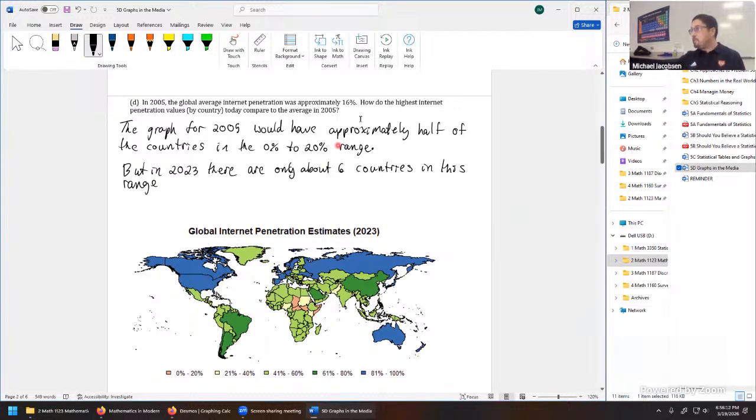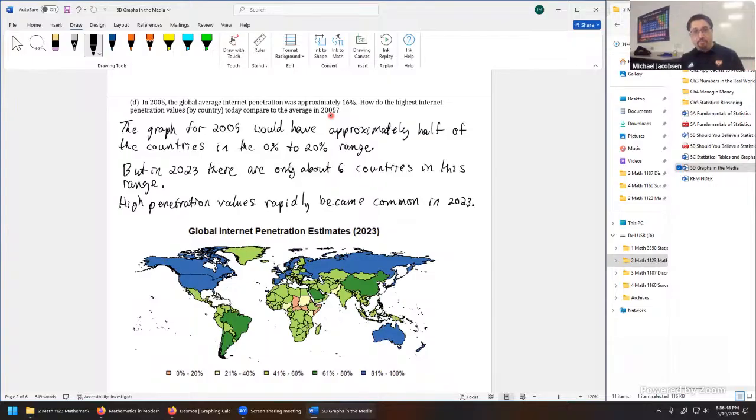So the question was asking, how do the highest internet penetration values by country today compare to the average of 2005? Well, we can directly say now to answer that, high penetration values rapidly became common in 2023.